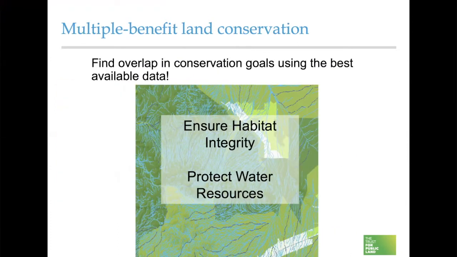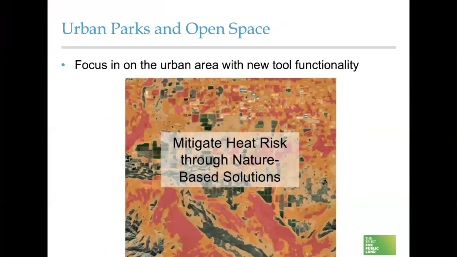Some of the things that we look at really closely within this tool are things like ensuring habitat integrity and protecting our water resources, and we do this by looking for the best available data. I'm going to talk about how we produce some of our layers that you'll see in this tool, although many of them are also context layers. And again, we'll explore that more in the demo portion of this presentation.